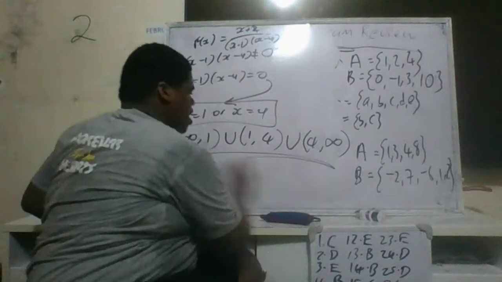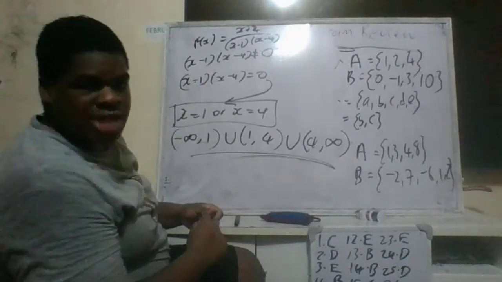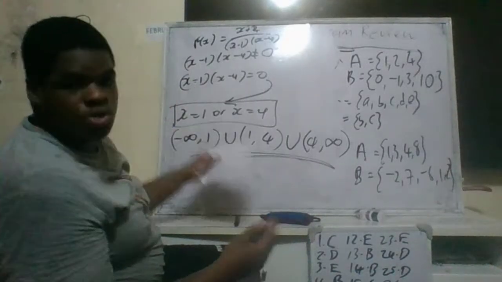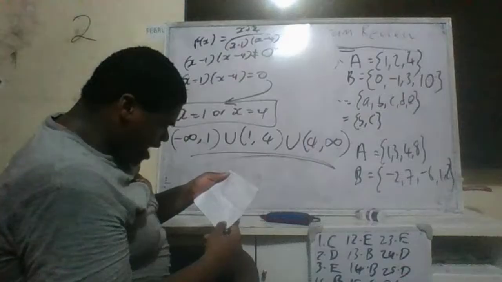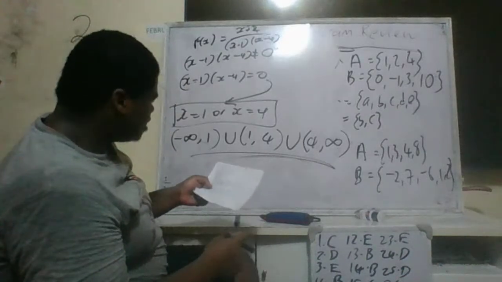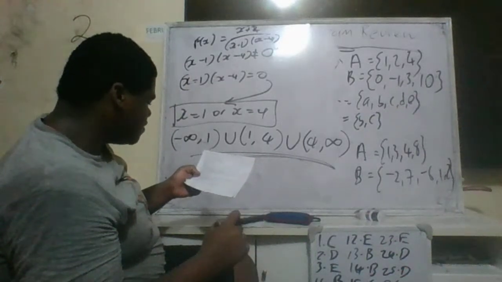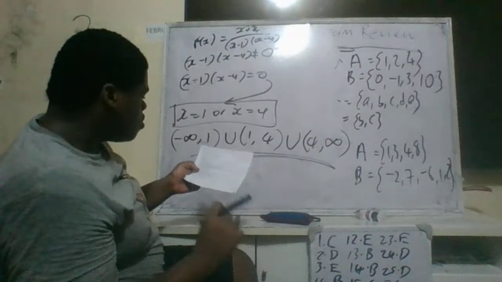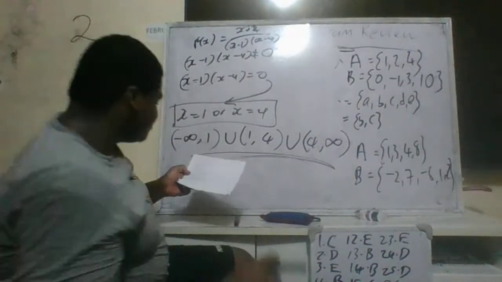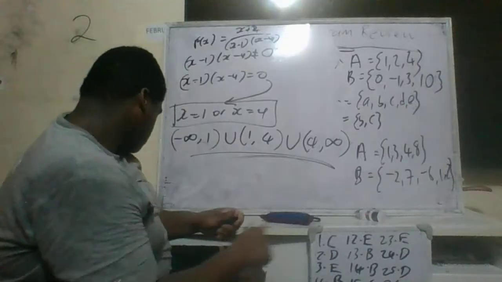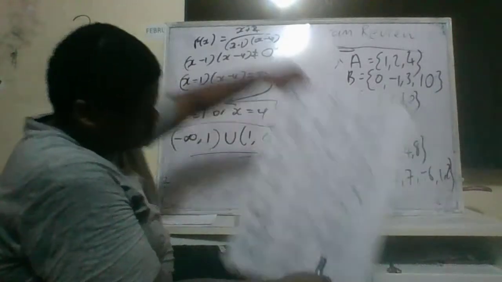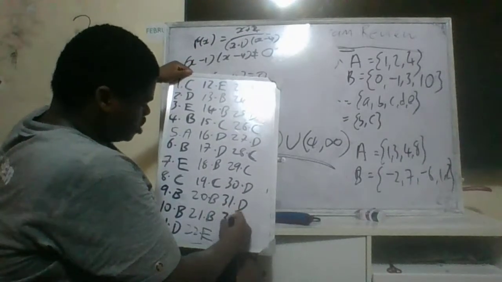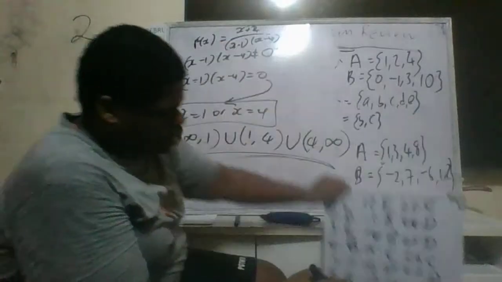So this here is our range that is continuous, basically our domain. And that corresponds to option C. No, not option C, it corresponds to option B: negative infinity to 1, 1 to 4, 4 to positive infinity. Option B. Let's go to question 33 now.